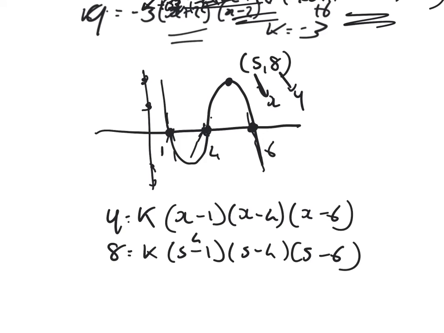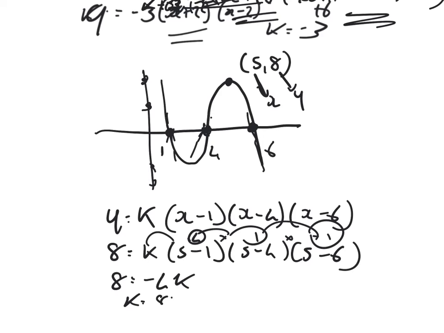Okay, so 5 minus 1 is 4, 5 minus 4 is 1, and 5 minus 6 is minus 1. So 4 times 1 is 4, times minus 1 is minus 4, times k is minus 4k. k is equal to 8 divided by minus 4, k is equal to minus 2. Final answer then will be y equals minus 2 bracket x minus 1 bracket x minus 4 bracket x minus 6.